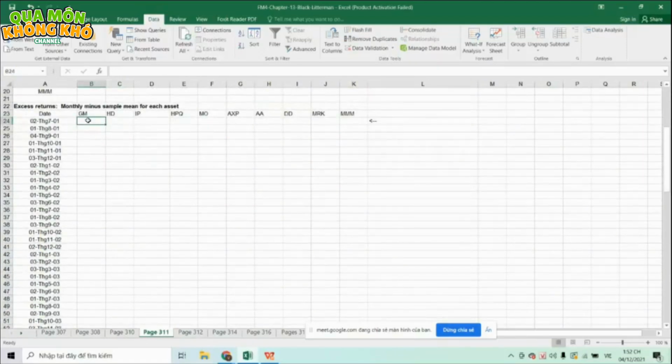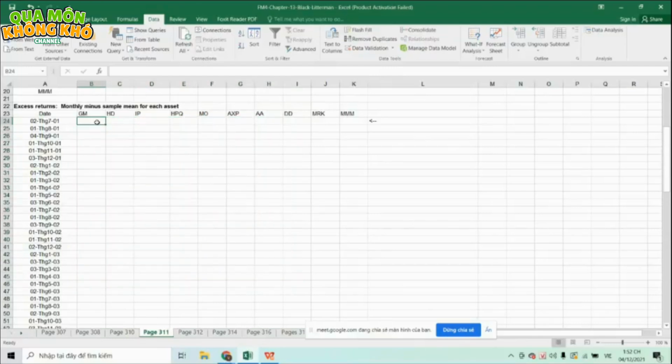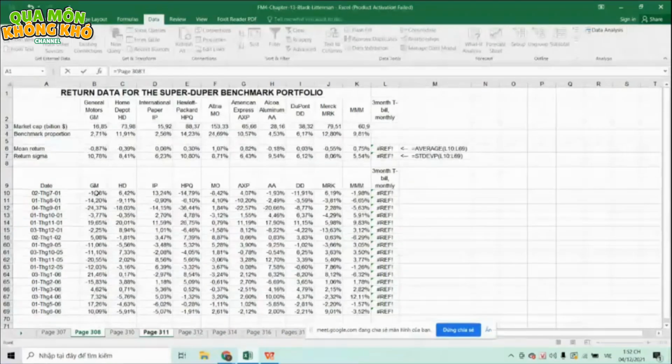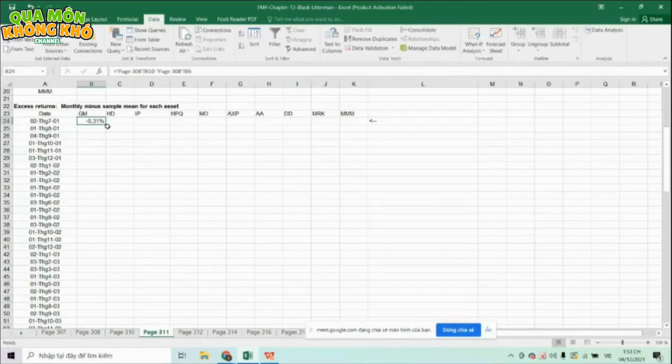First, in this, we will calculate the excess return. And we will use the function from the previous page. We will take this minus this mean return. And the same with others.